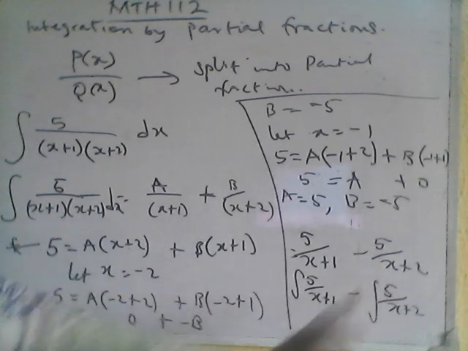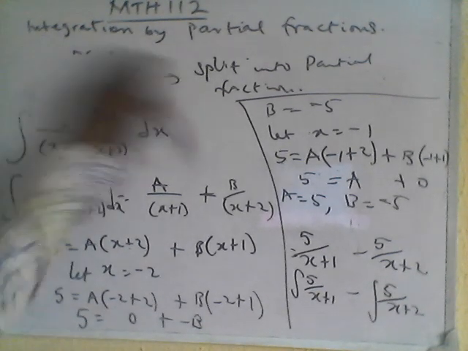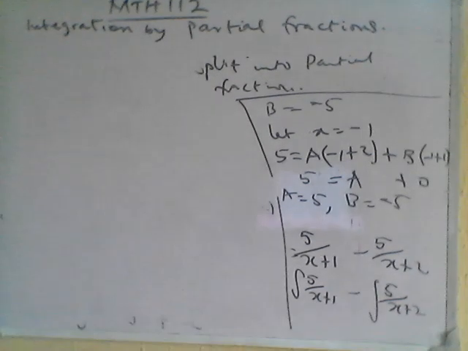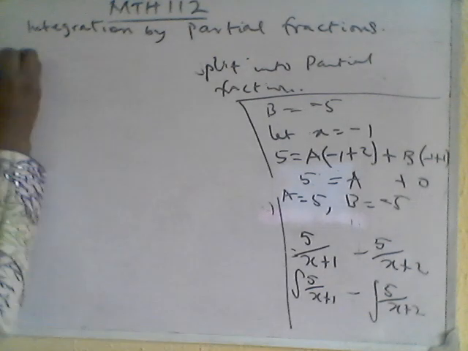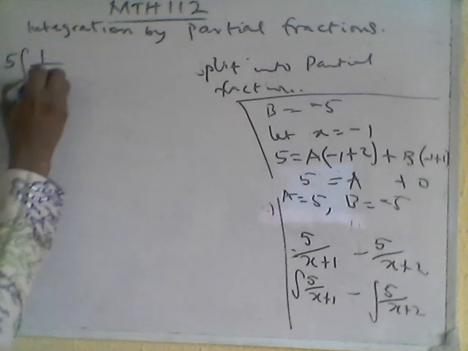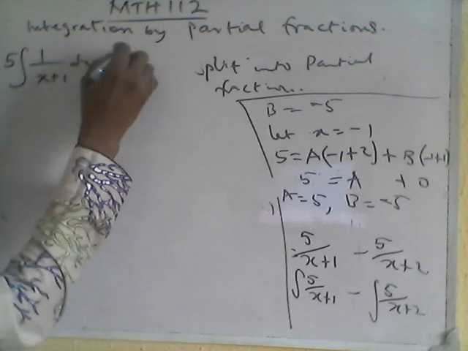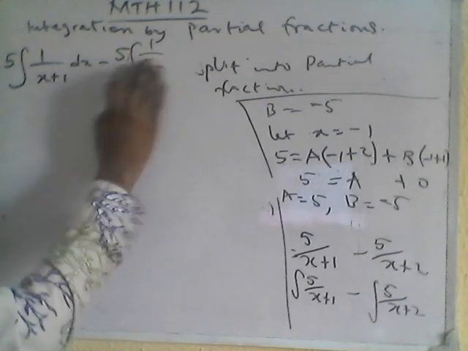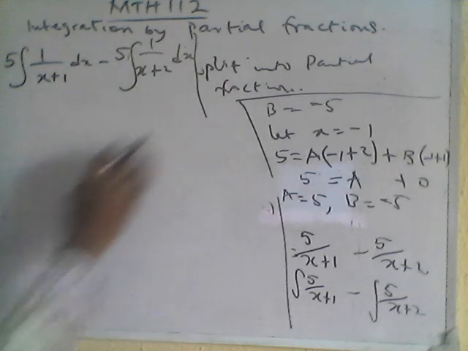So bringing them outside, that's bringing this 5 outside, I have 5 integral 1 over x plus 1 dx, minus 5 outside again, integral 1 over x plus 2 dx. Okay, so that's it.